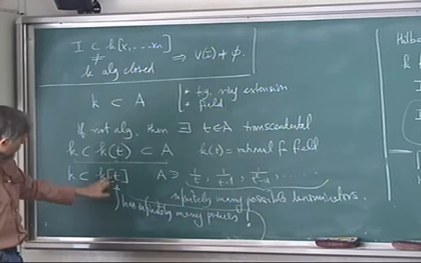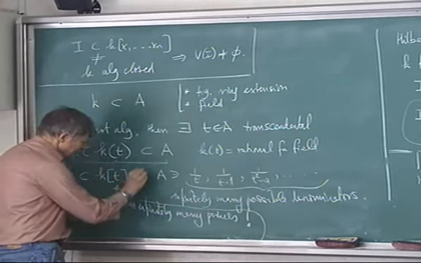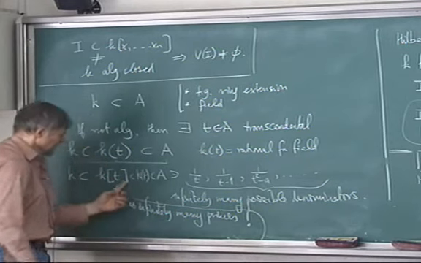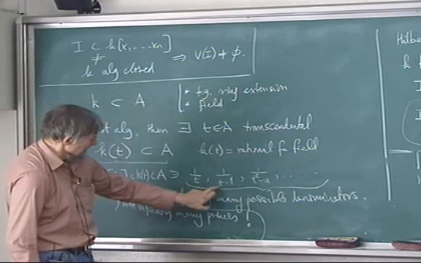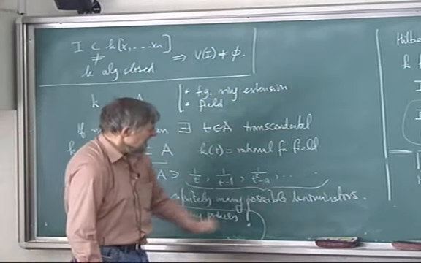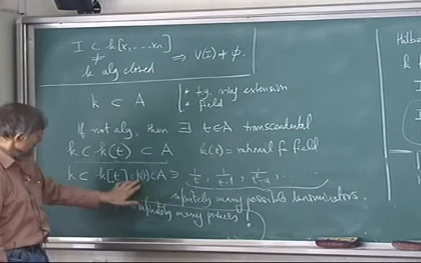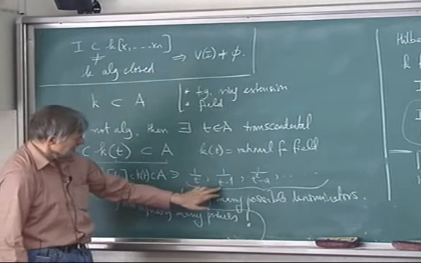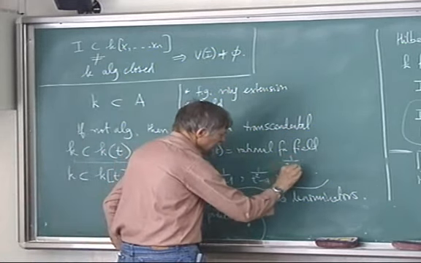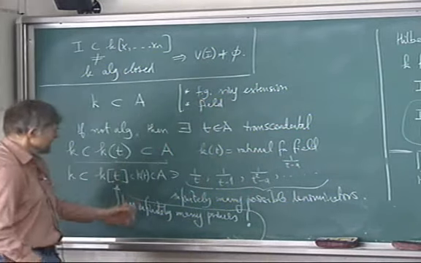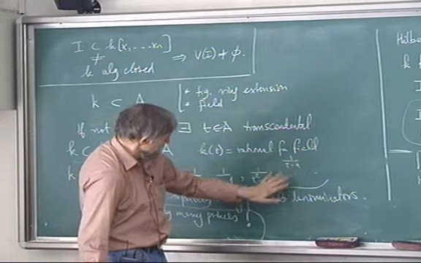Right? So when I want to make k(t) inside A, somehow or other I've got to put in at least one generator having each of these things as a denominator. So if the field k is infinite, there are already infinitely many things of the form 1/(t - a). If it's a finite field, then there are infinitely many different polynomials of different degrees.